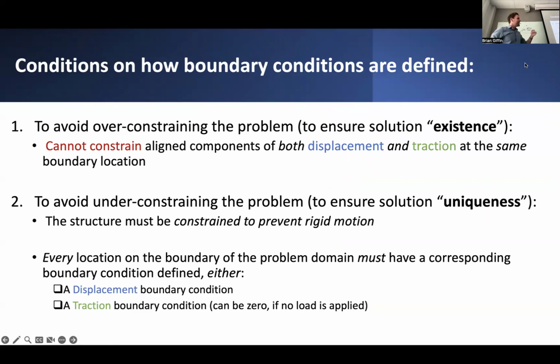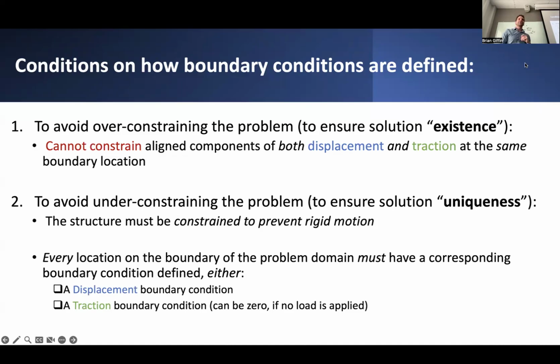In particular, if you want to avoid that issue of conflicting constraints or over-constraint, or in other words, if you want to ensure the existence of a solution, then you can't prescribe the value of displacement and traction in the same direction at the same point on a given portion of the boundary. You have to pick one or the other. Either you constrain displacement in that direction or you constrain the traction in that direction, but you can't have both. Otherwise, you won't have solution existence.